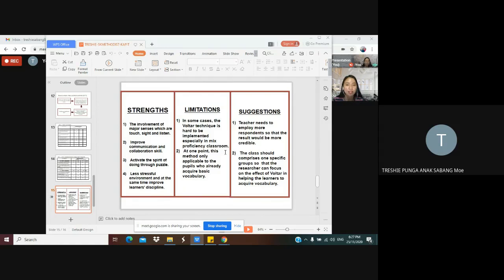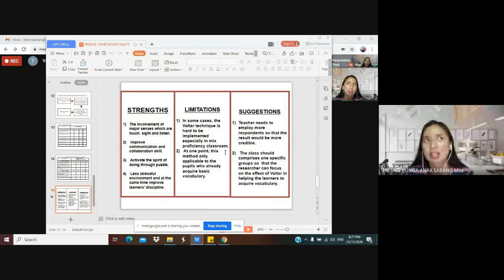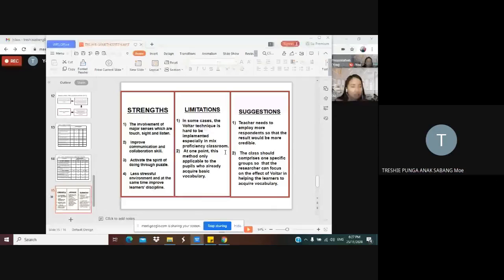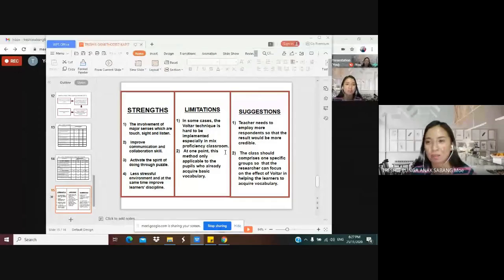And limitation, in some cases the Volta technique is hard to implement, especially in a mixed proficiency classroom. Yes, because in the group, they like the power that is given to them. Some did not have good English skills, were shy, and could not perform in some stages.